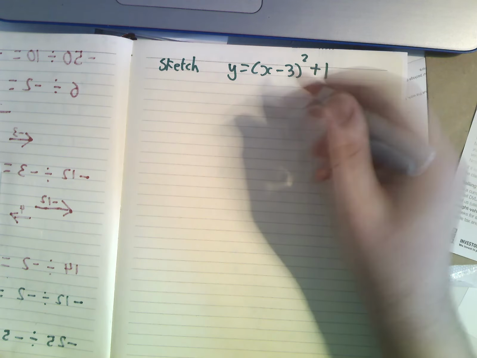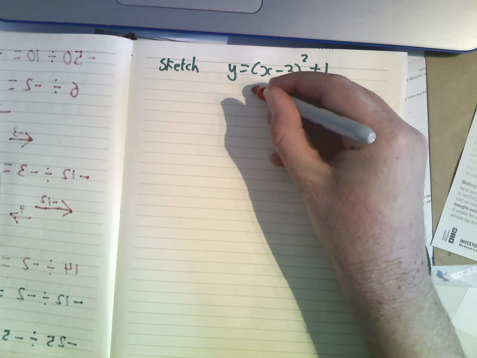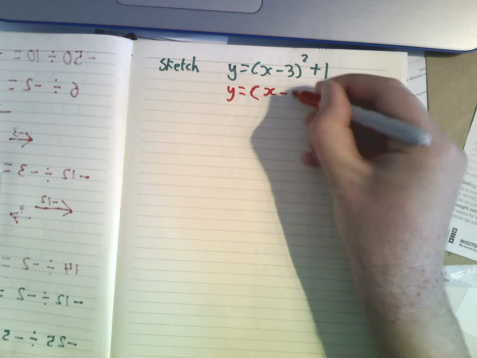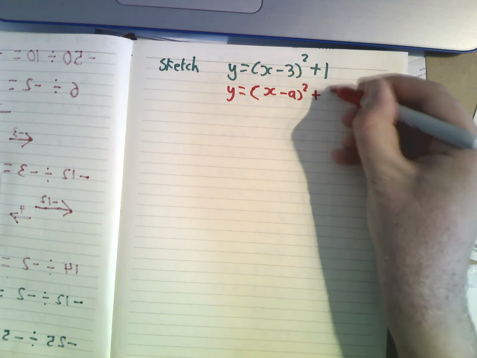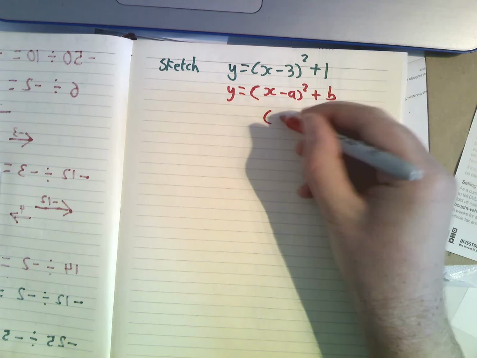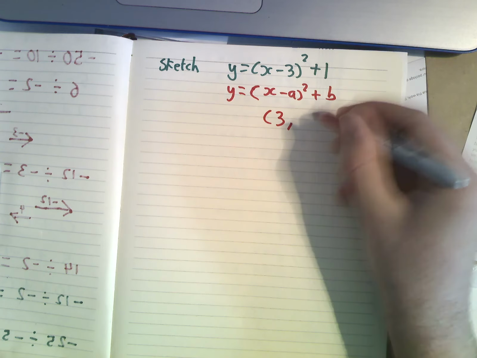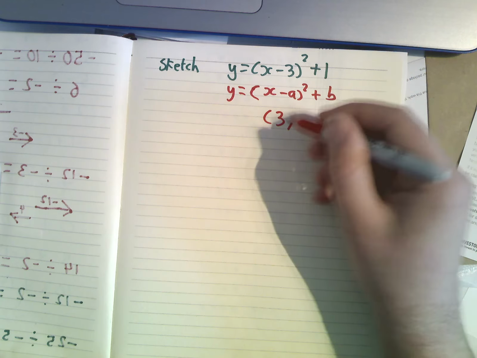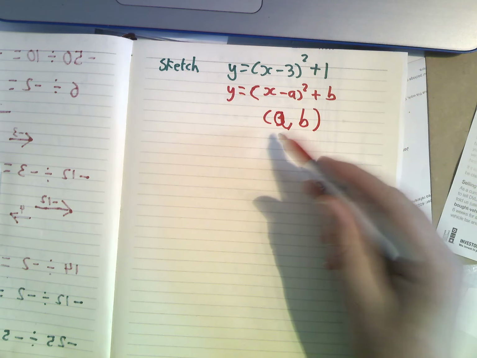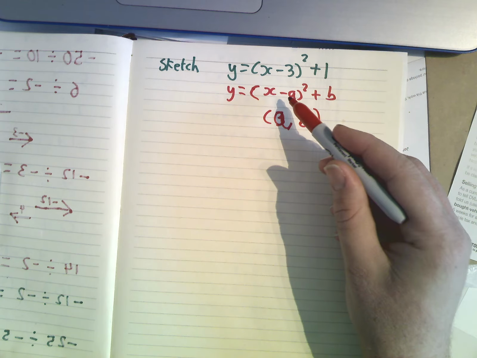And you may recall how to find the turning point. So if you've got a graph in the form y equals (x minus a) squared plus b, then the turning point would actually be 3. Oh, sorry, I'm answering the question there. The turning point would actually be the point (a, b).